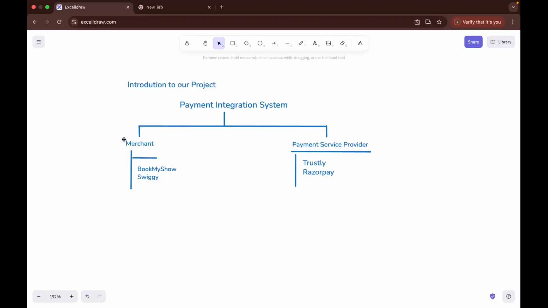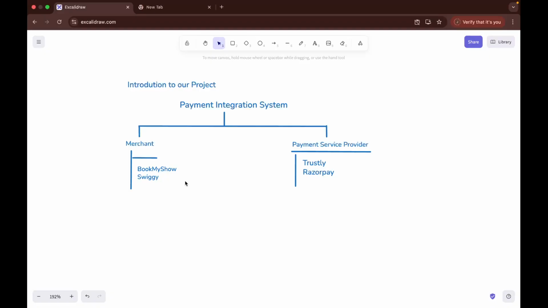So the merchant does not handle the payment directly. It communicates with the payment integration system, and then the payment integration system communicates with the payment service provider.